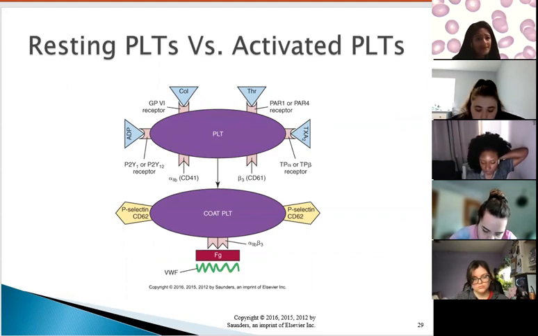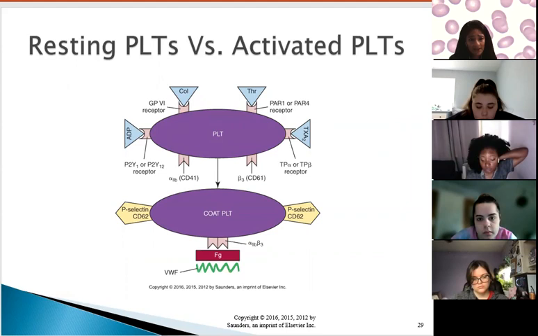With your activated platelets, it's a little bit different, because they are actually not discoid in shape, but they are flat. They have pseudopods, okay? They have phosphatidylserine. They have P-selectin, which you can see in here as CD62 on the surface. They have active glycoprotein 2B3A.